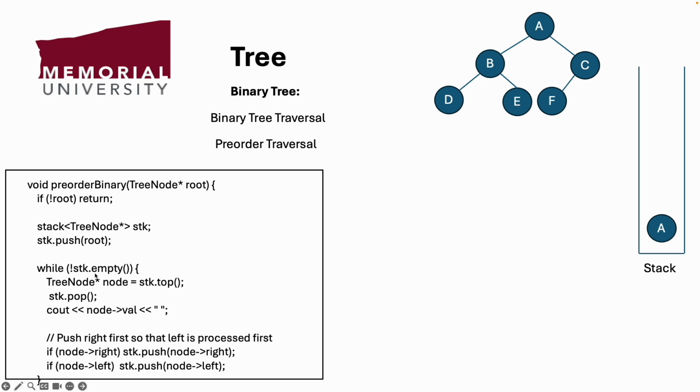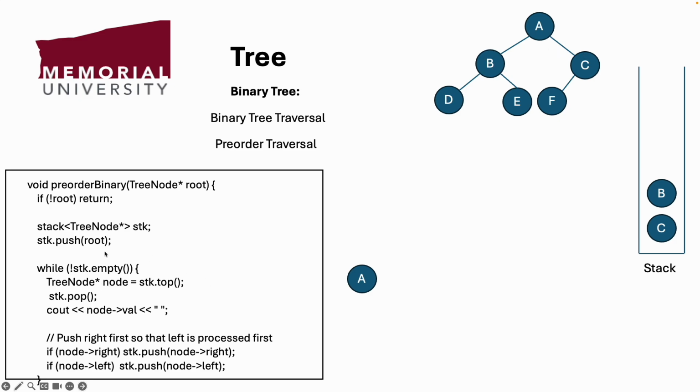Then in the while loop, we assign the node on the top, A, and then we pop it and display it here. And then we push the right child first, and then the left. For A, the right child is C, and then we push the left child, which is B.